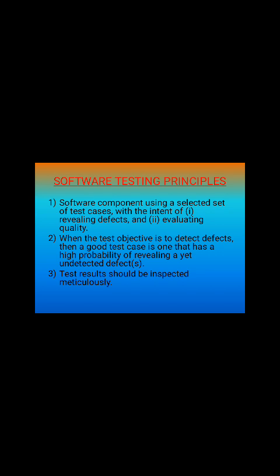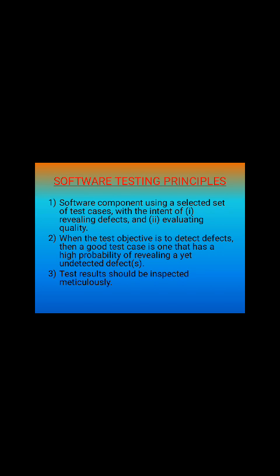First we have to discuss the software testing principles. In the previous YouTube videos you already learned about the software testing principles. Just now I will explain what the principles are.